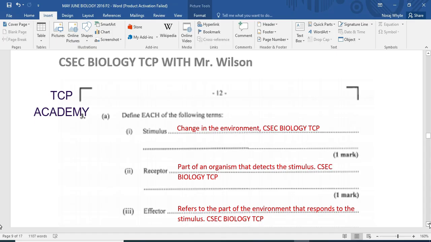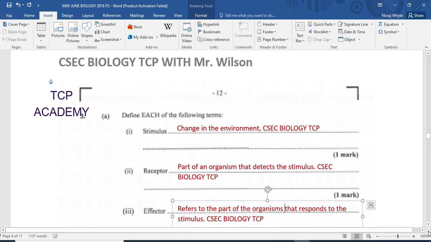So pretty much a receptor is picking up that information. Now the effector refers to the part of the individual that responds to the stimulus, not the environment here.